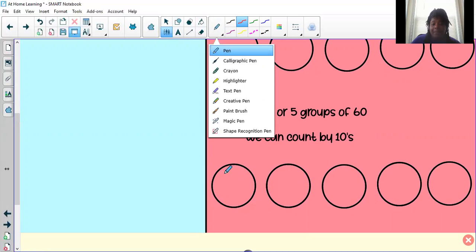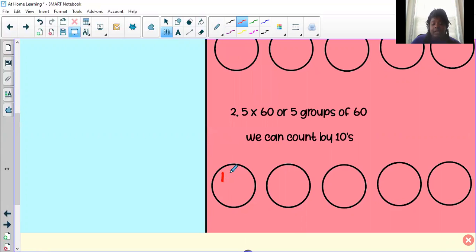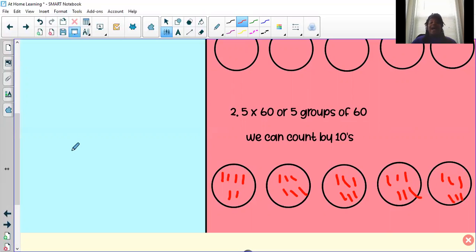In each group, I'm going to have 6 sticks, because 10, 20, 30, 40, 50, 60. I repeat that for each group. So I have 5 groups of 60.